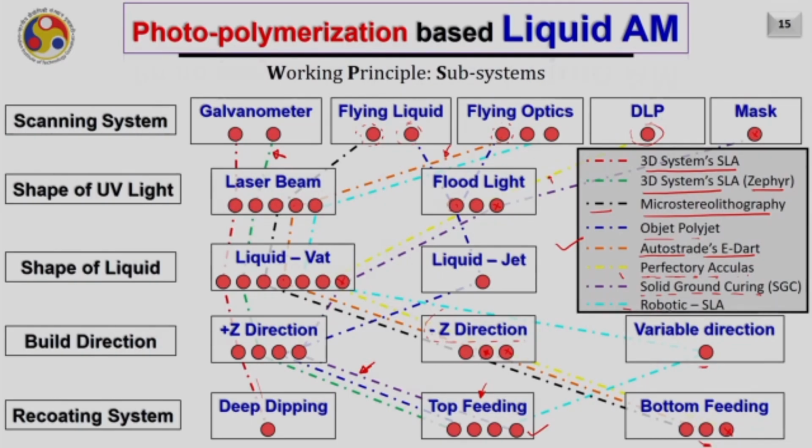And the last one is robotic SLA, which can use the flying optics and a laser beam. It can go inside the liquid wet tank, and also it can build the part in variable direction, and further the feeding can be done from the top.